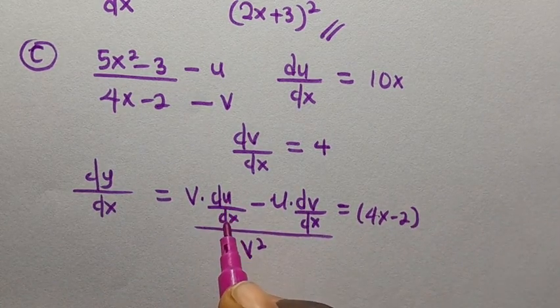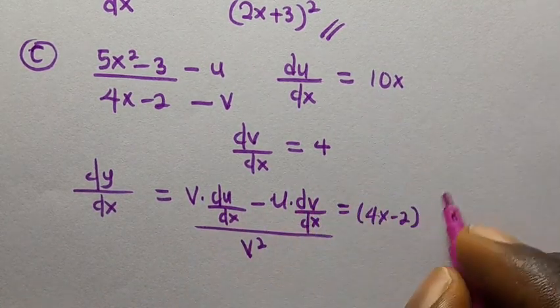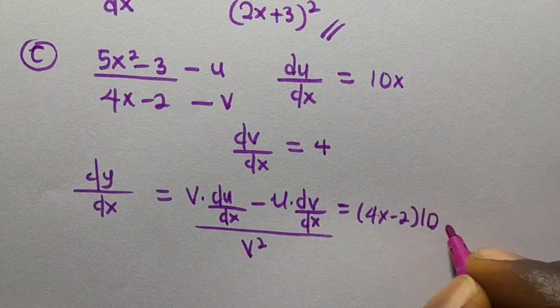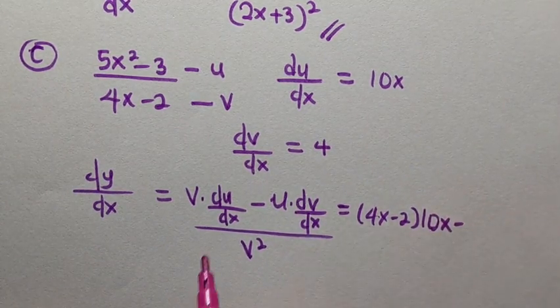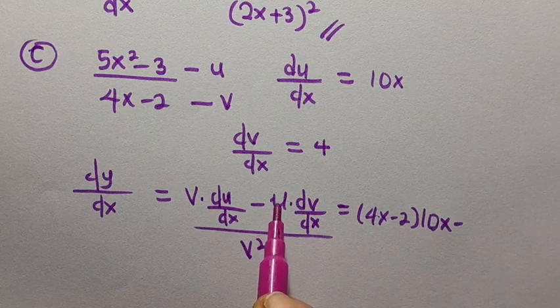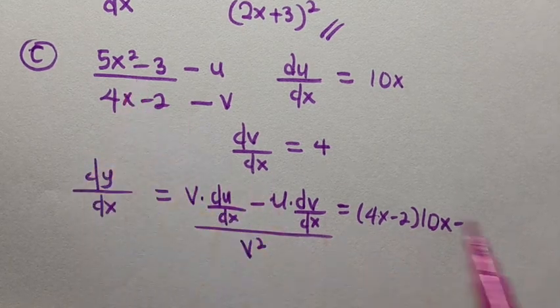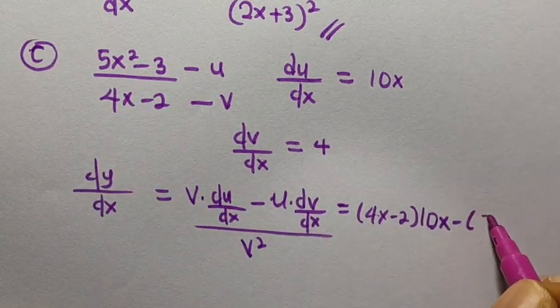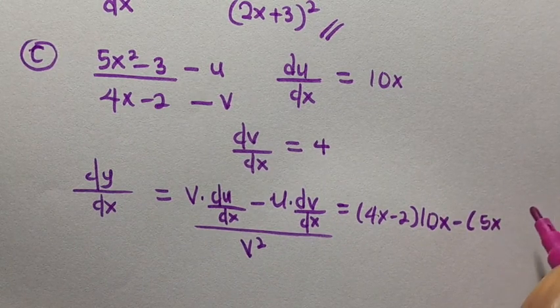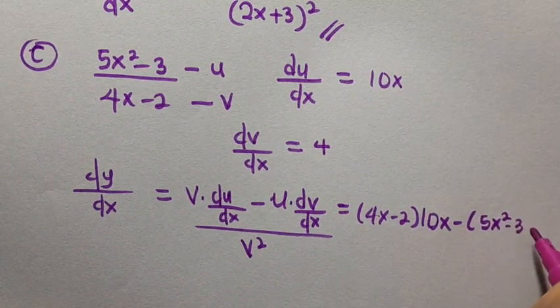Now our du/dx equals 10x, minus u. Our u equals 5x squared minus 3.